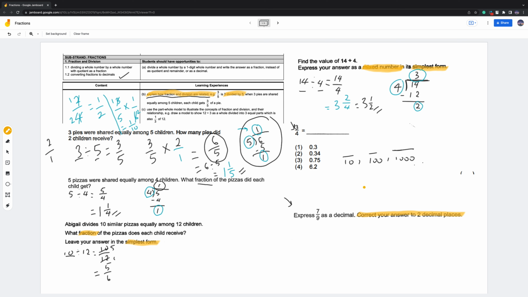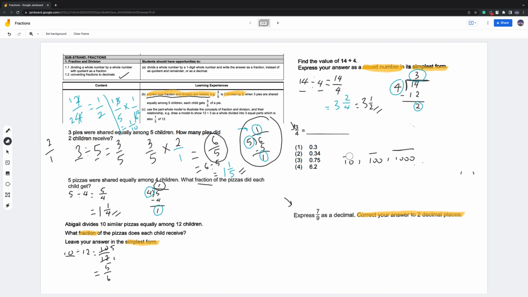Usually, if you see this, you will not use the first method here, converting the denominator to 10, 100 or 1,000. We will look at the second question later. Now we're going to focus on the first one.